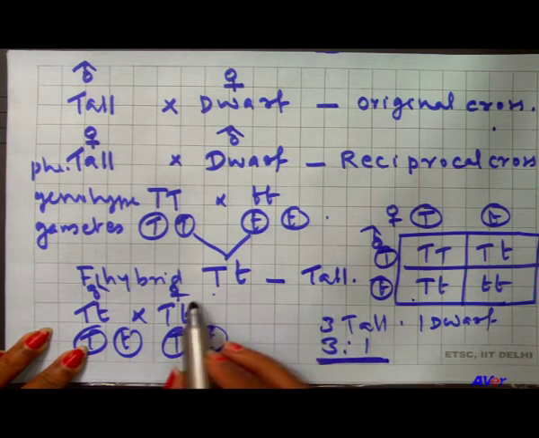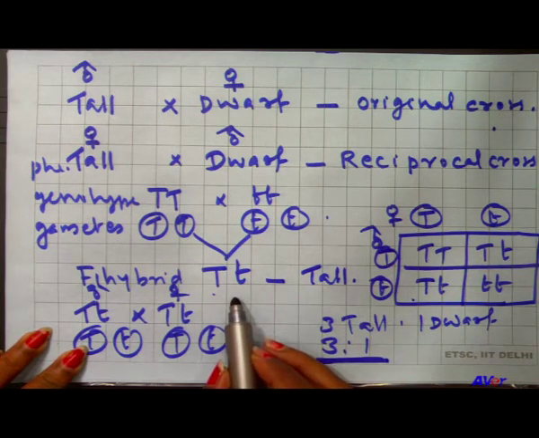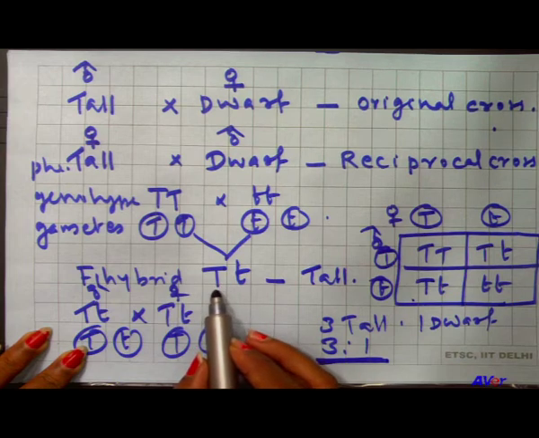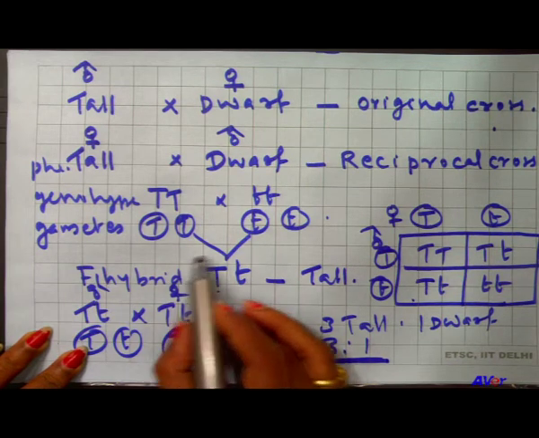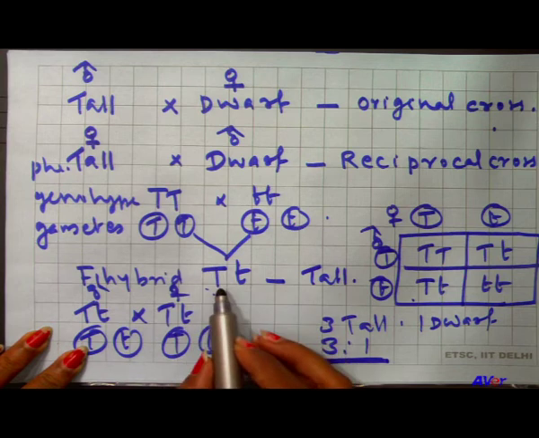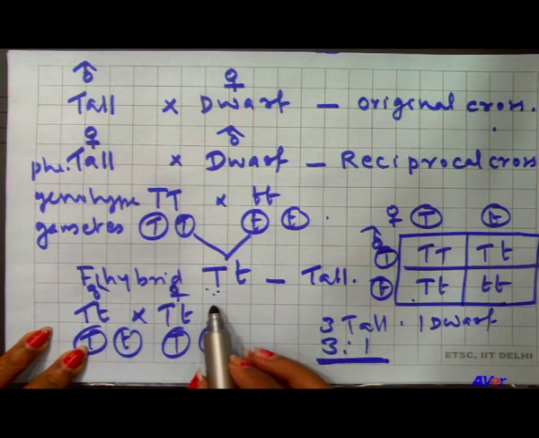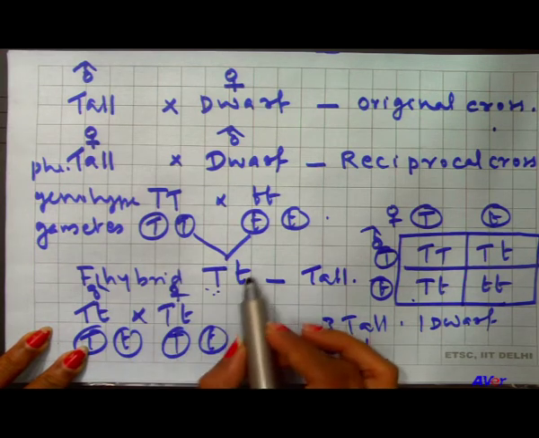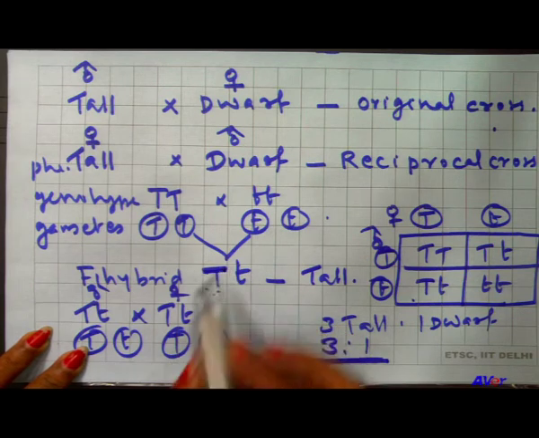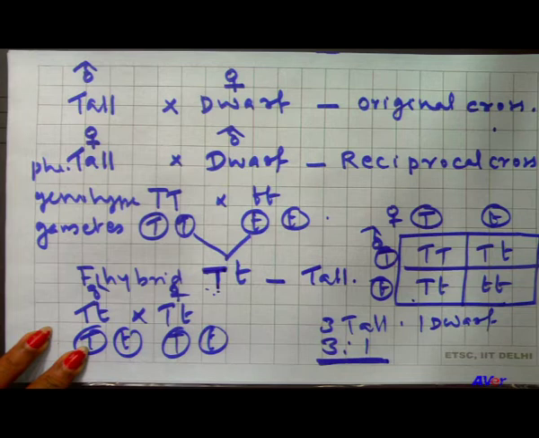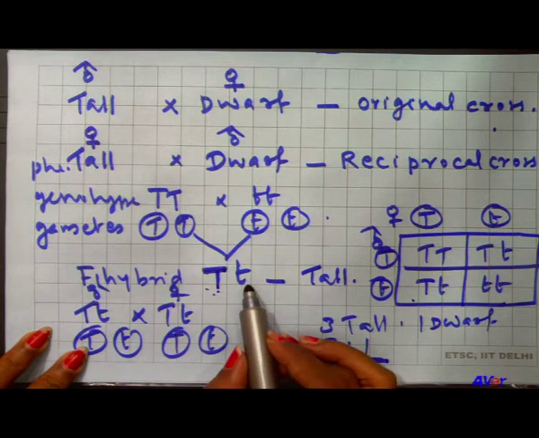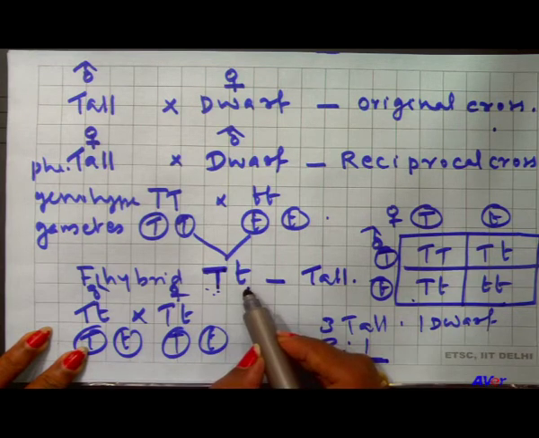Out of these two dissimilar alleles, one allele is dominant and it will express its character, it will produce its phenotype, and the other one gets suppressed. Here capital T is the dominant allele that gets expressed and small t gets suppressed, which is the recessive allele.